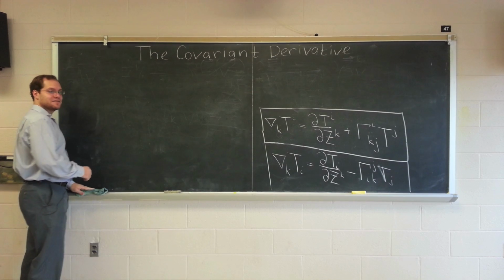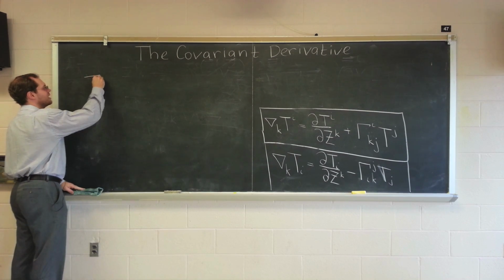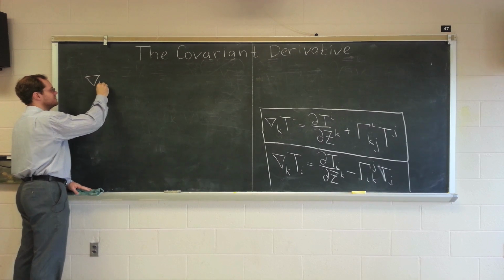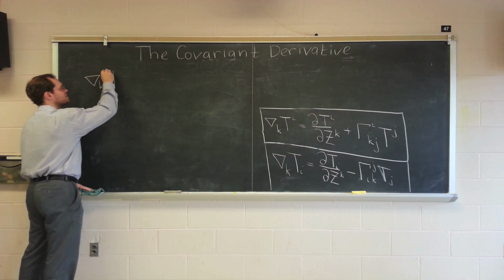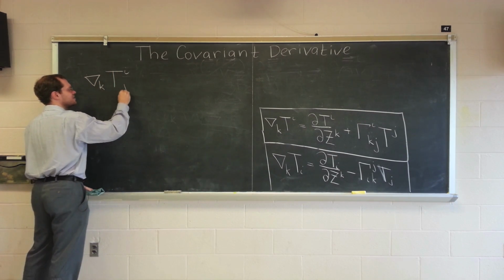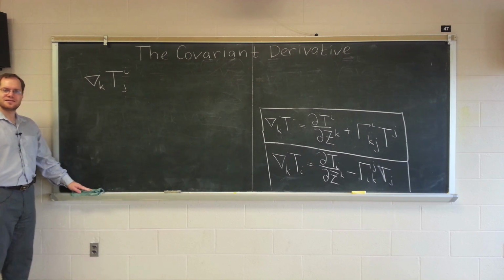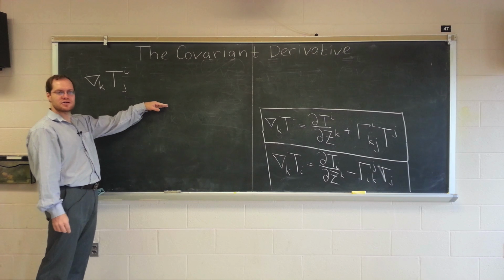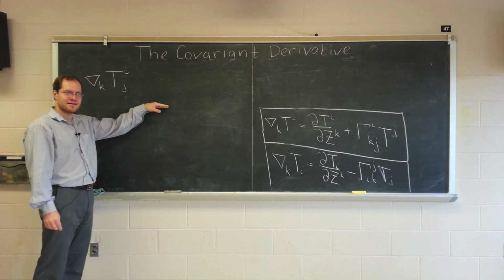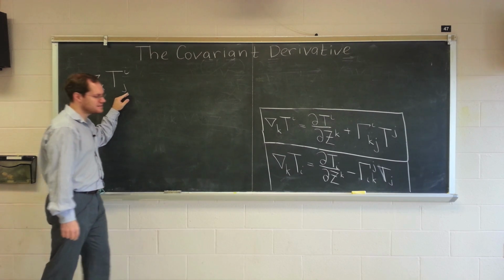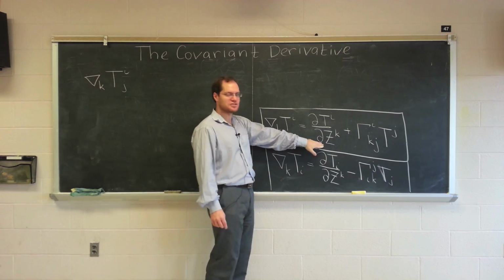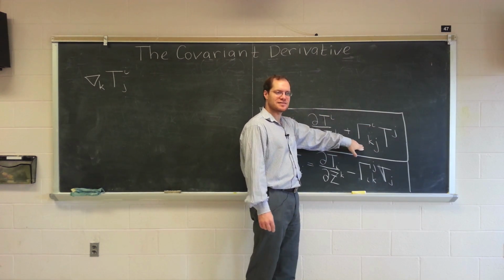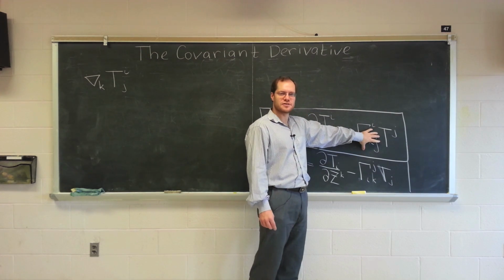Okay, so here's the combined definition. This rule will show you how to deal with covariant indices and contravariant indices. So let's just give a representative index with a representative tensor with one covariant index and one contravariant index. And what this long equation will imply is that for every index, there will be one common partial derivative, and then every index gets its own Christoffel term.